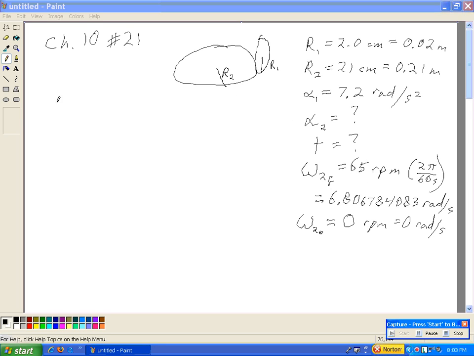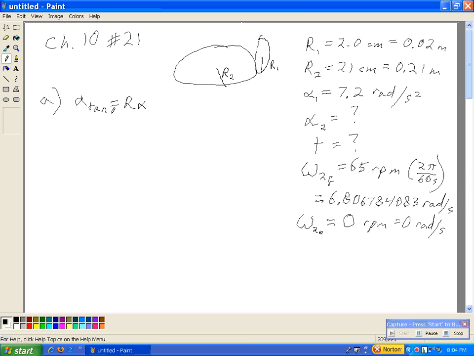So, part one. Well, I know that a tangential acceleration is the radius times the angular acceleration.